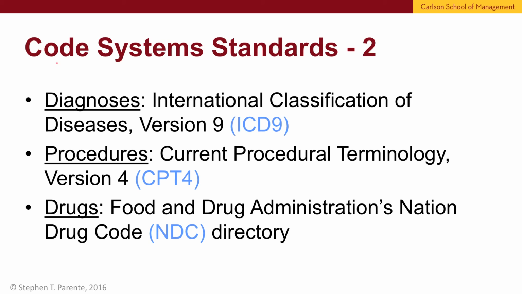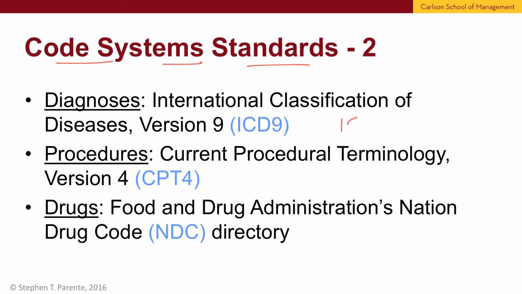There are different code systems that are really core to technology. Even as a patient, if you really don't do much with computers in healthcare at all, if you just know these code systems, it can tell you a lot about what happens to your care or your loved one's care. Diagnosis codes are governed generally by the International Classification of Diseases, version 9.